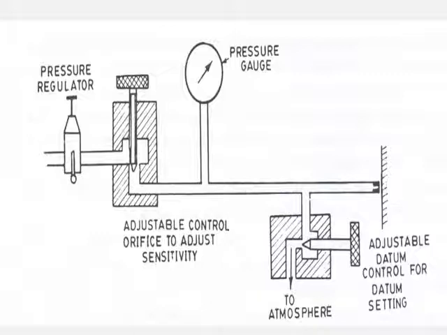The compressed air is made to enter with the help of a pressure regulator. The initial pressure is measured, and this is a control orifice which controls the inlet of the compressed air, and then it is allowed to go out, and this is kept as a reference pressure.